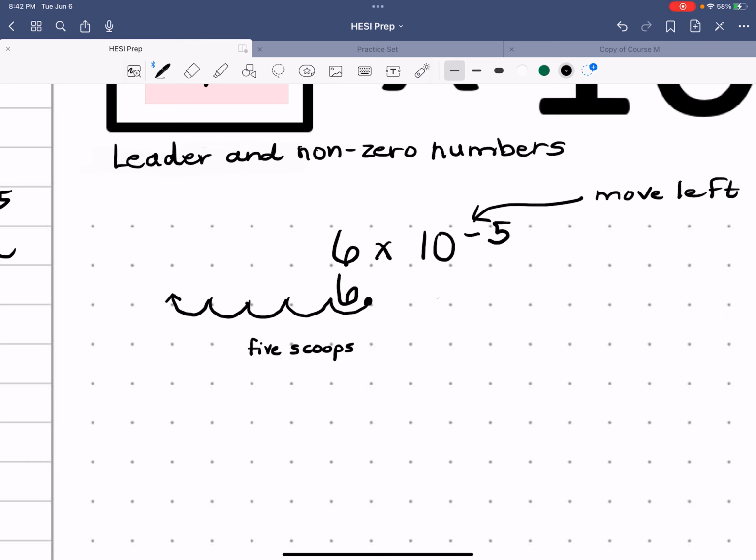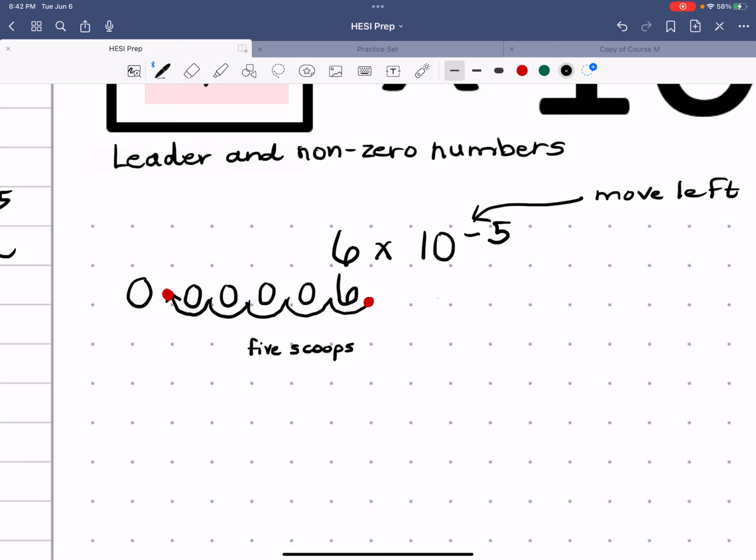And then we're going to put zeros, zeros, zeros, and here's where your decimal will sit. Because you moved it. It was over here, you scooped it 5, and then I personally like to use a leader 0. You don't have to, but it keeps you from overlooking the decimal.